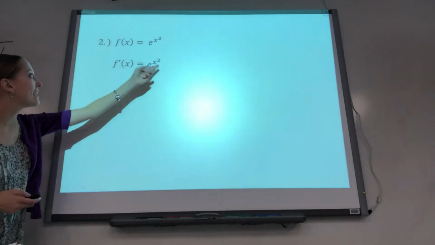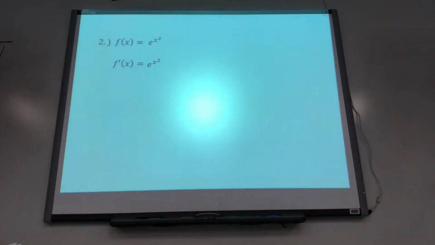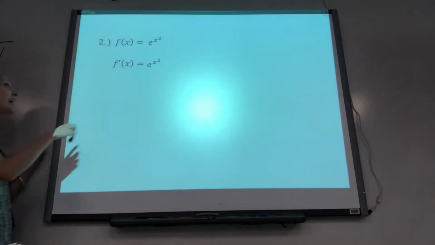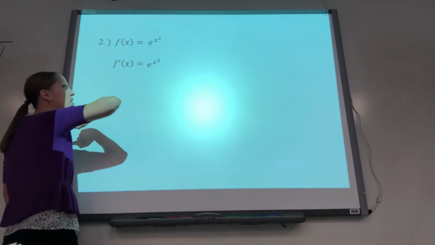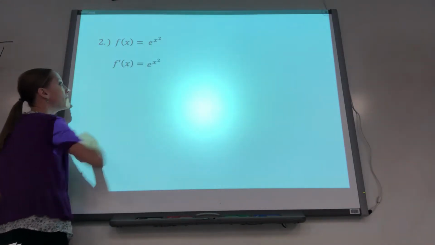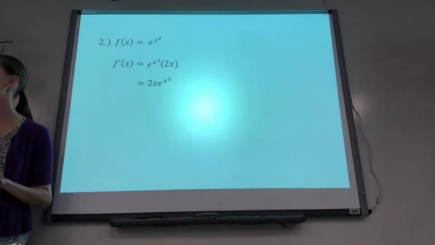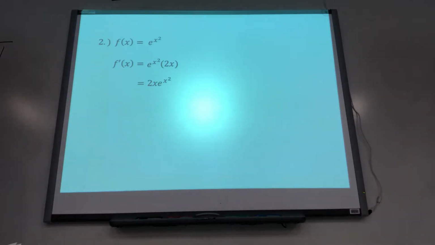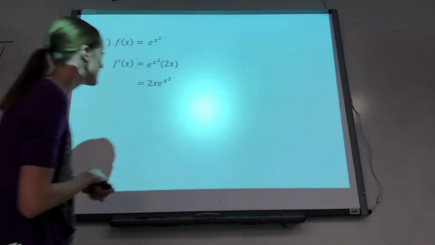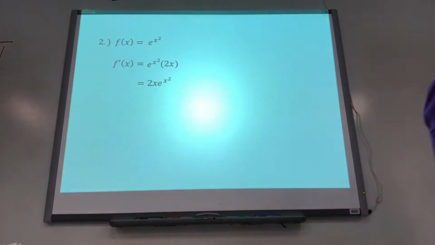So leave it as e to the x squared and come back and take the derivative of u. So derivative of x squared is 2x. And now I'll just pull that out front like I did on the last one and write it as 2x e to the x squared.